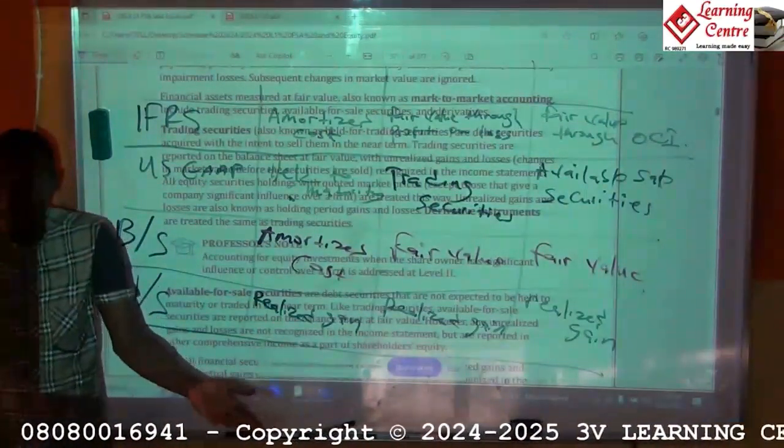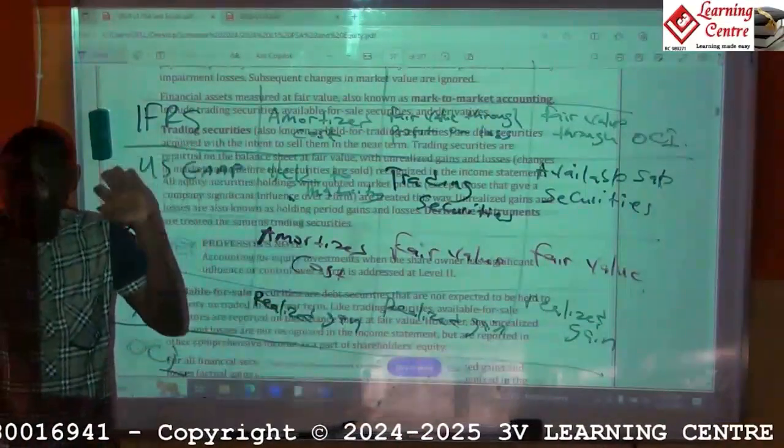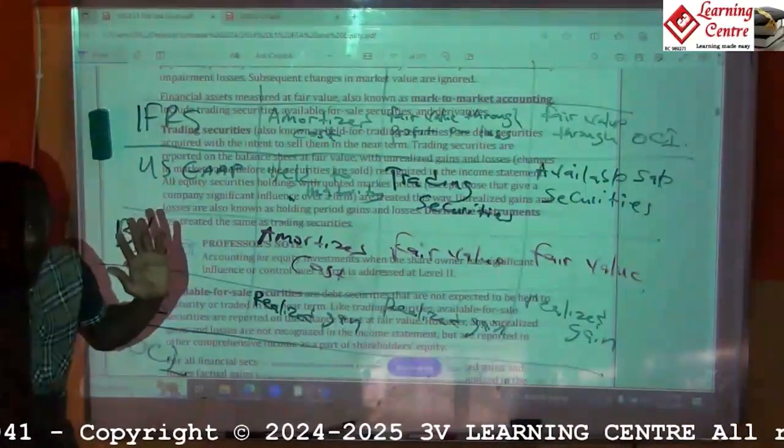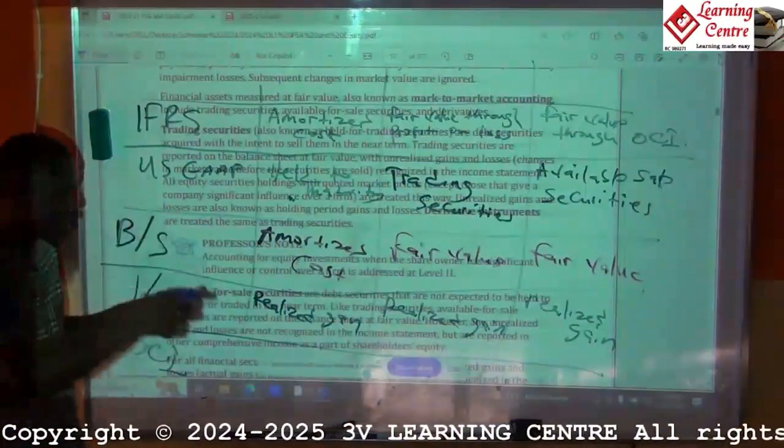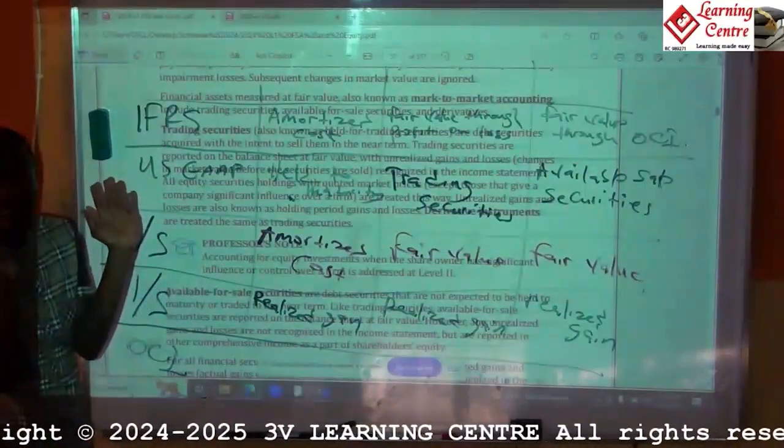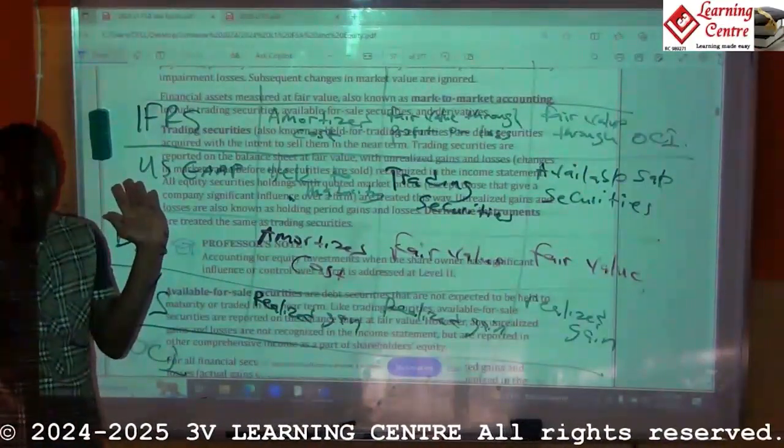So automatically there will not be unrealized gain because you are holding to maturity. Your motive is to wait till the end of the 5 years and collect your profit. So the only thing you can get is realized gain. There cannot be unrealized gain.